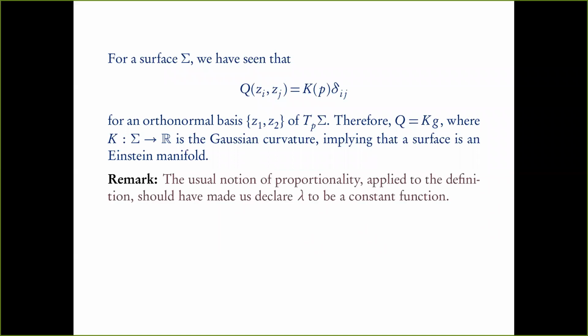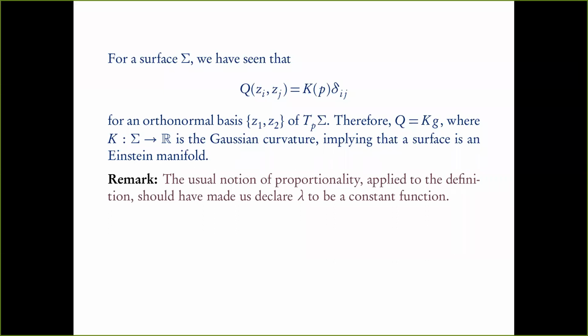So I'm saying that in the old definition of an Einstein manifold, we wanted Q to be lambda times G, where lambda was a smooth function. However, whenever you say something is proportional, you typically expect a constant of proportionality, which means you typically expect lambda to be a constant. And in fact, that is how most references and maybe online references define an Einstein manifold. It's a manifold for which Q equals a constant times G. Okay?